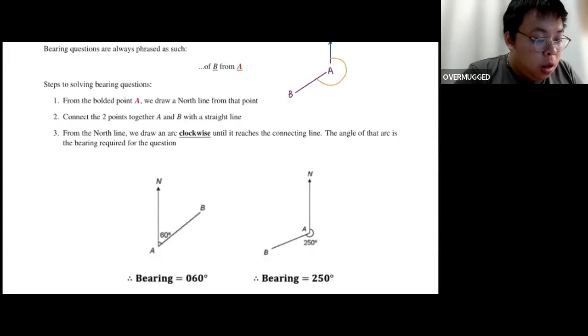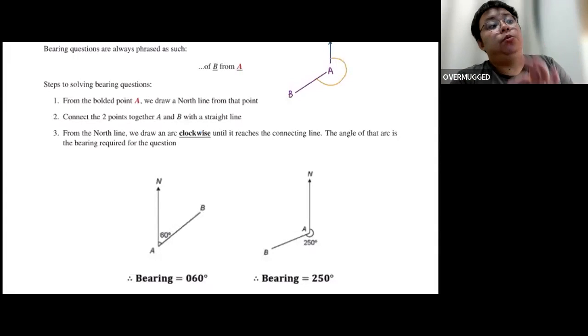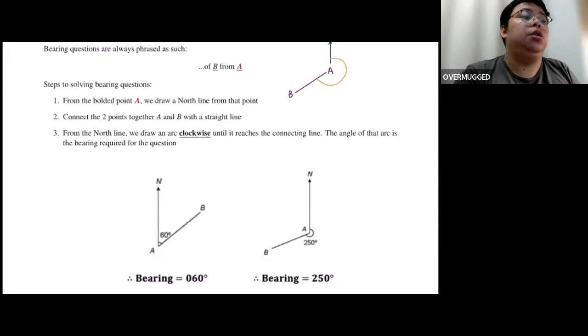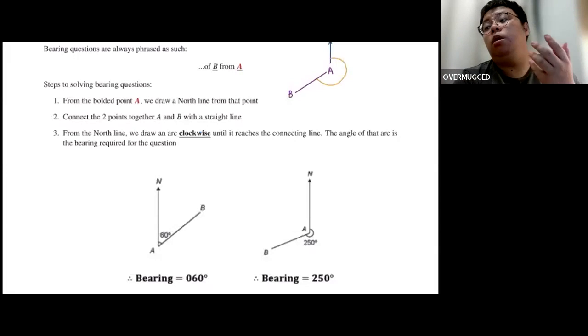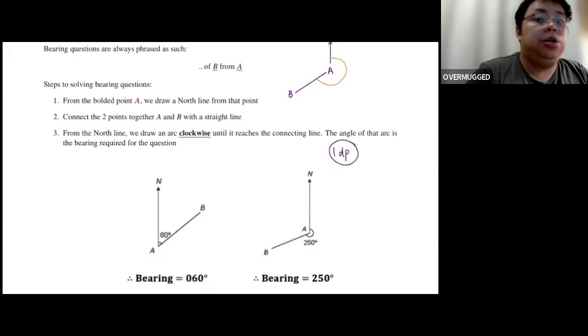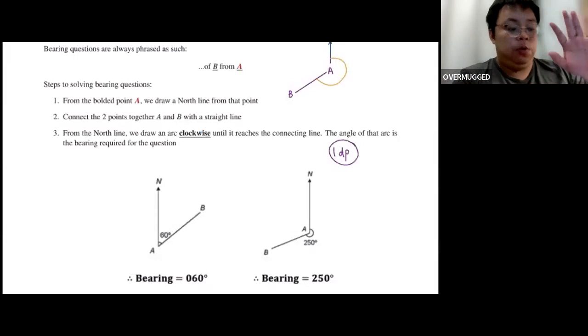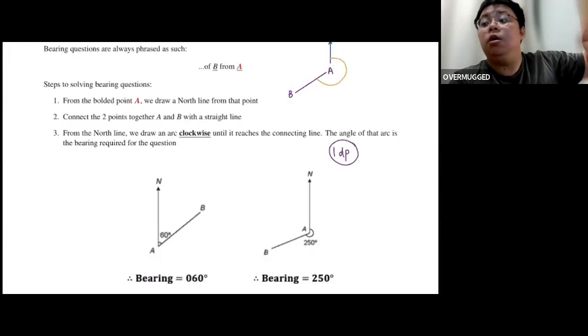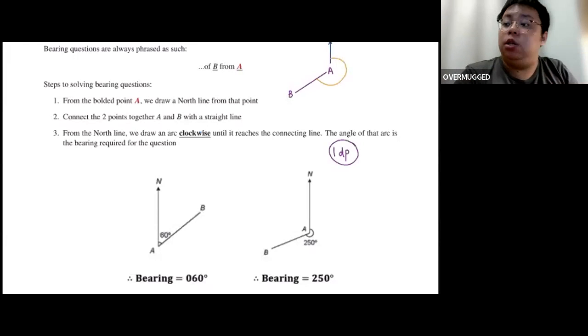That's number one. Number two, you need to remember that for all bearing questions, you need to leave your answers in 1 decimal place. When I say the 3 digits, the 3 digits only refers to the units side, the whole numbers, not the decimal places.